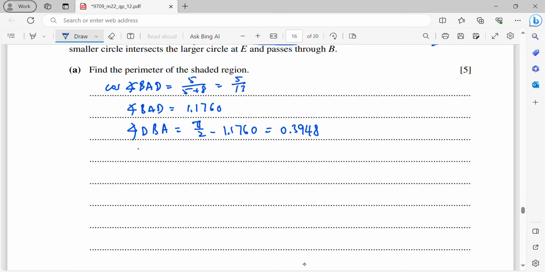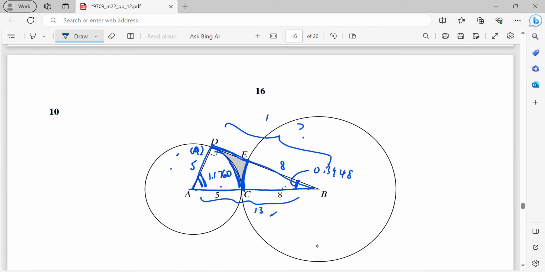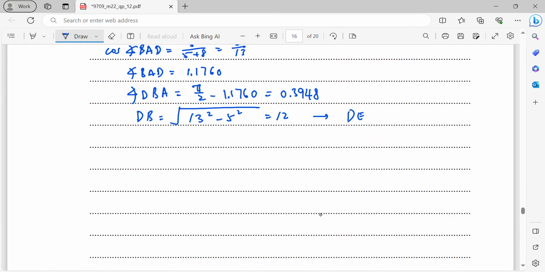So now my DB is the square root of 13 squared minus 5 squared, which is 12. Therefore, I can find my DE, because the total here is 12. So obviously DE is 12 minus 8, which is 4. So with this, I can find the perimeter of the shaded region.